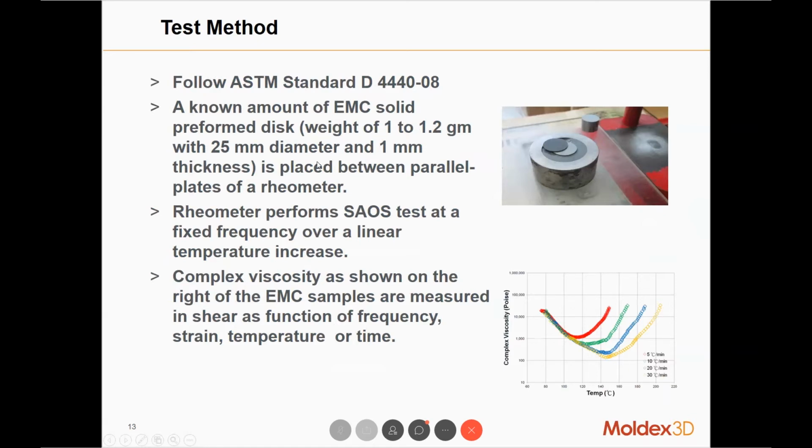We'll place it in between 2 parallel plates of a rheometer, and we'll fix the angular speed of the disk under a linear temperature increase, so that the heating rate remains the same, and we will record the strain, the temperature versus time, and then we'll get the 4 different viscosity curves, as you can see from here.